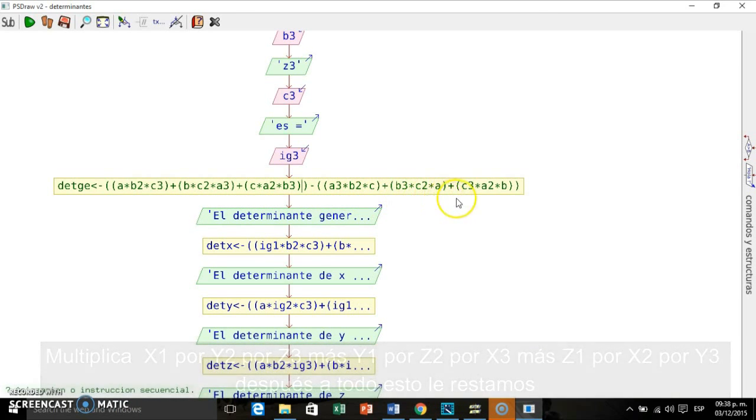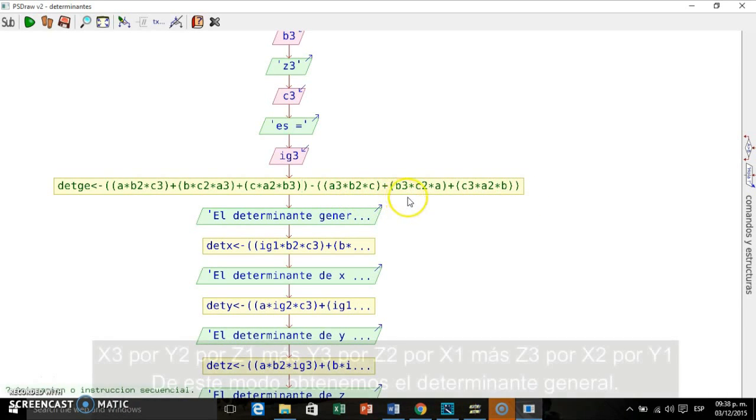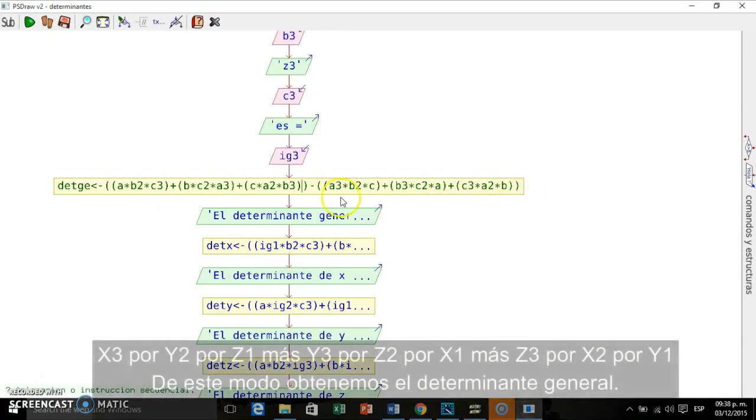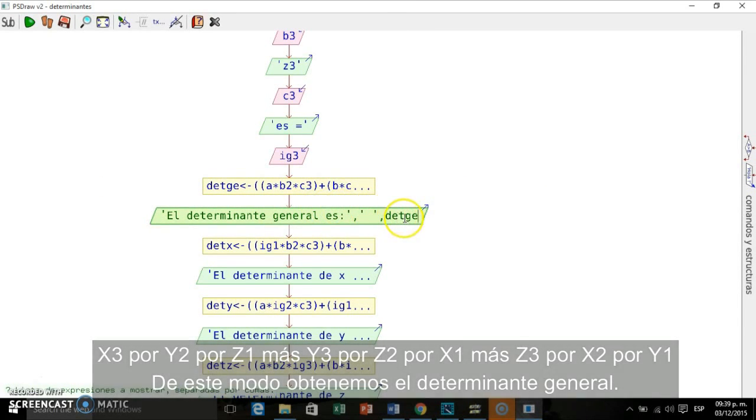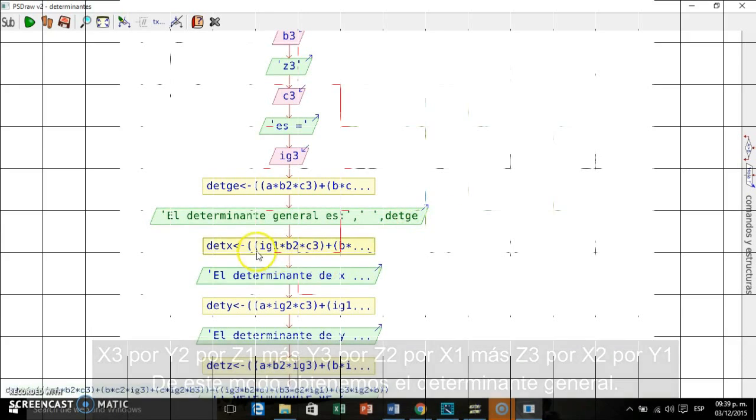After all this, we subtract x3 times y2 times c1, plus y3 times c2 times x1, plus c3 times x2 times y1. Thus we get the general determinant.